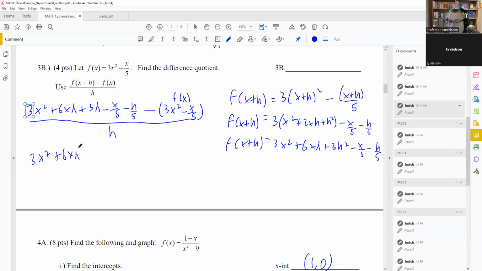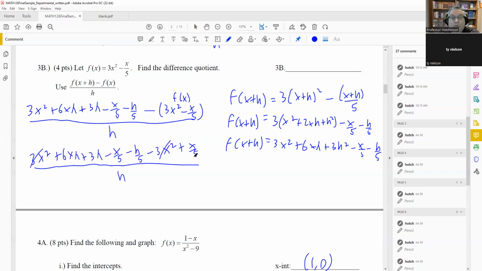Okay. Now we need to simplify this by canceling out some terms. So what's going to happen is when you distribute the minus sign, you get negative 3x squared plus x over 5. You want to make sure you do that step and you distribute that. Okay, so when we do that, that allows us to cancel out the 3x squares, and the x over 5, those both cancel out.